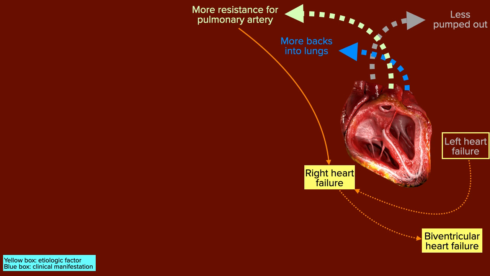Someone can also have isolated right-sided heart failure, and an example of this would be a left-to-right cardiac shunt.